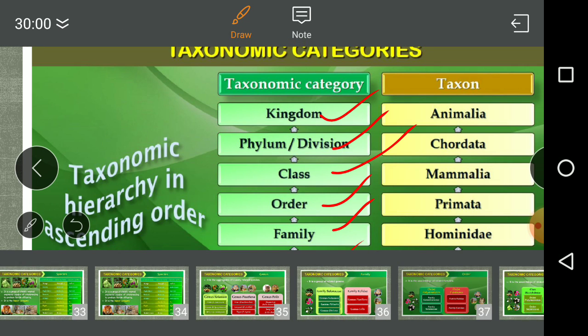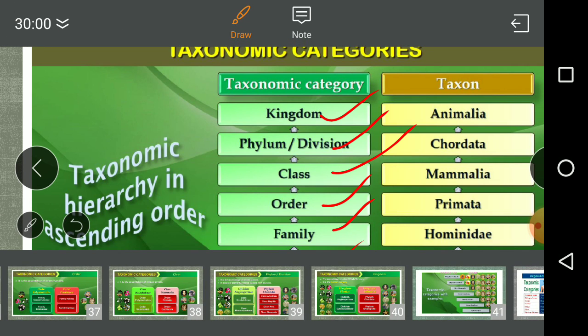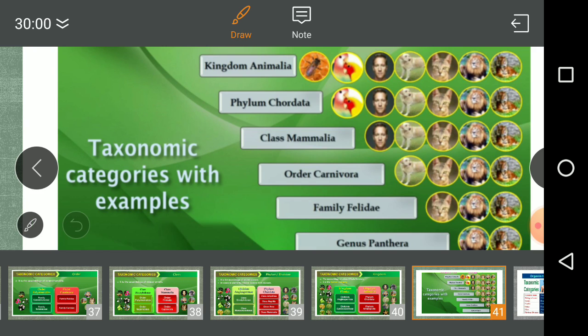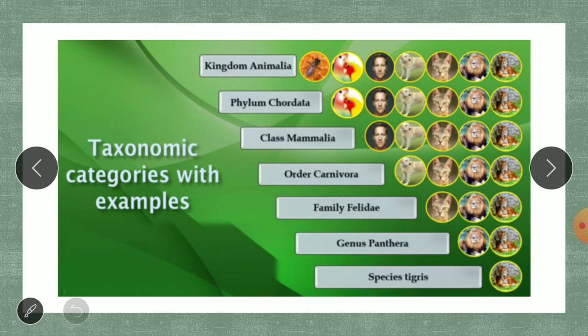Then let us now study some of the famous or common taxonomic categories with examples. Here I have taken an example of the tiger. Tiger belongs to the species Tigris, genus Panthera, family Felidae, order Carnivora, class Mammalia, phylum Chordata, kingdom Animalia.